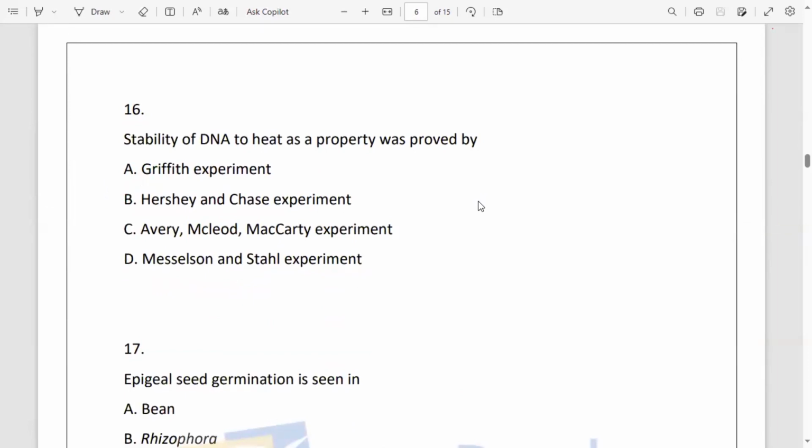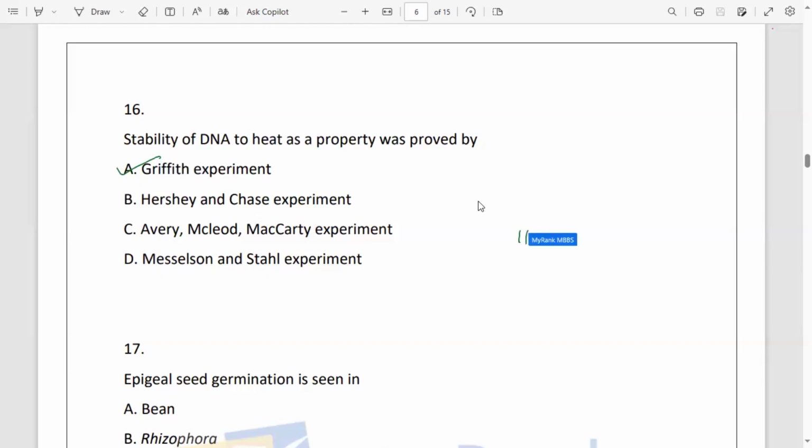Stability of DNA to heat as a property was proved by Griffith experiment, Hershey and Chase experiment, Avery, McLeod and McCarty experiment, Meselson and Stahl experiment. In this, the answer is Griffith experiment. How?